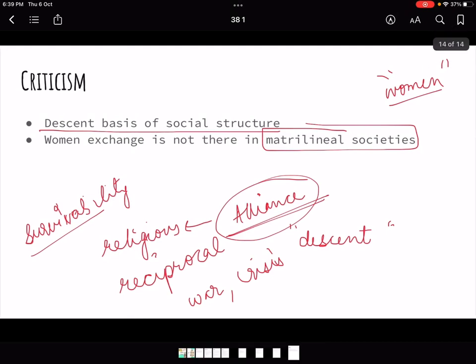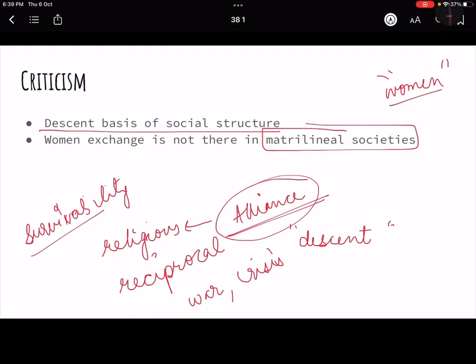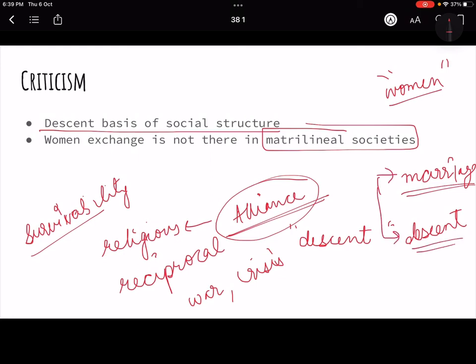But if you have to conclude, you have to say, of course, kinship is not complete if we ignore any one aspect of it, be it marriage wala aspect or alliances, or if you ignore the descent wala part, right? So both are equally important and both constitute kin groups, kinships, and both are really important in the group. No one is more important than the other, both are equally important.